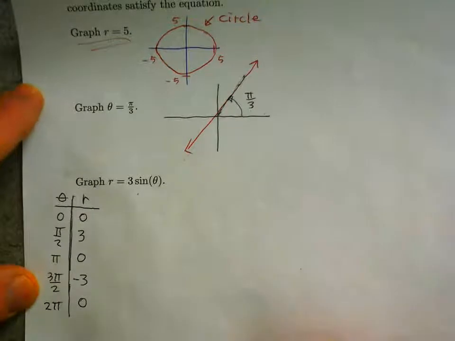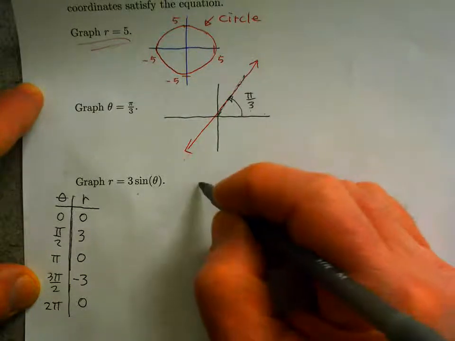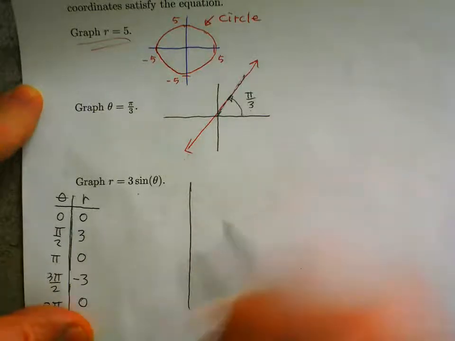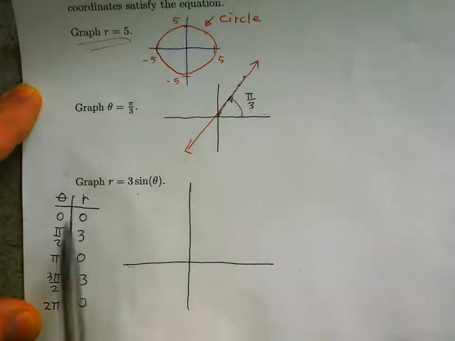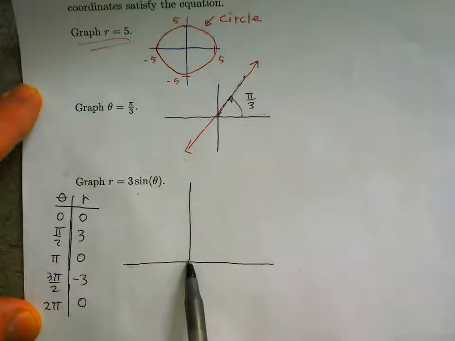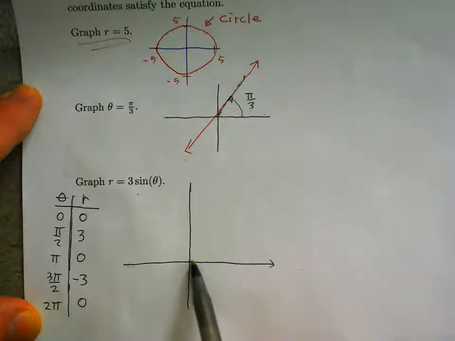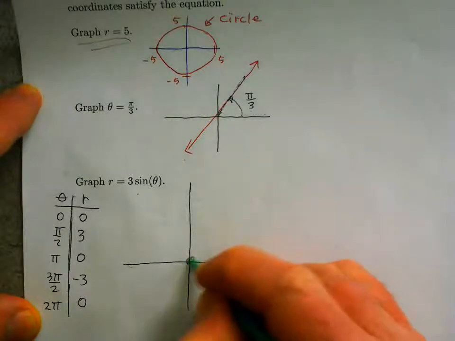We'll begin by plotting those points. When theta is 0, theta 0 corresponds to the positive x-axis or the polar axis, but the r value is 0. So we plot this point.